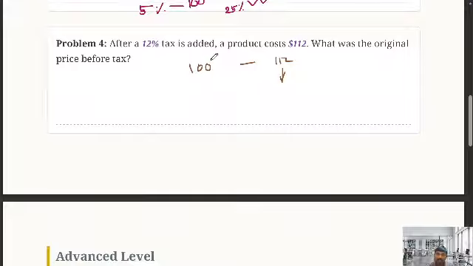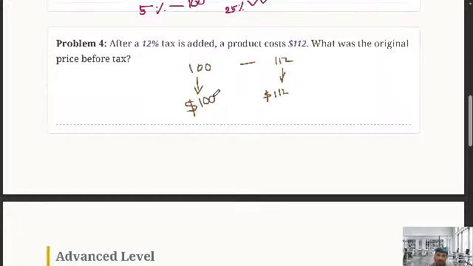Suppose this was the original price, and after 12% tax it is 112. 112 means 112 dollars. So 1 means $1. What was the original price before tax? So the original price was $100, because 1 means $1, 100 means $100.